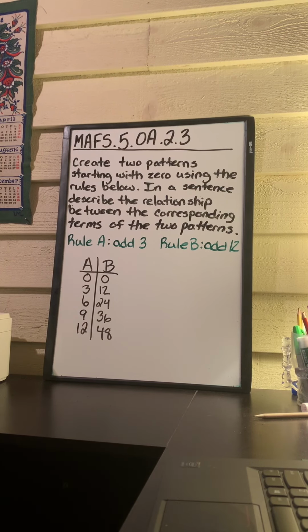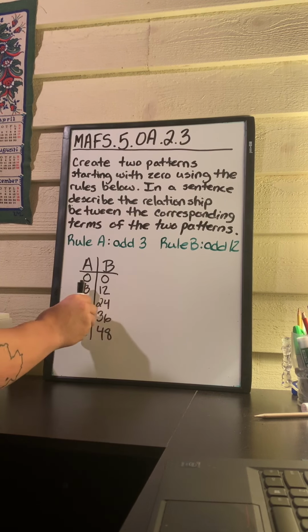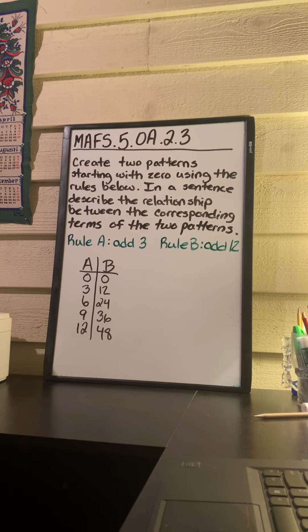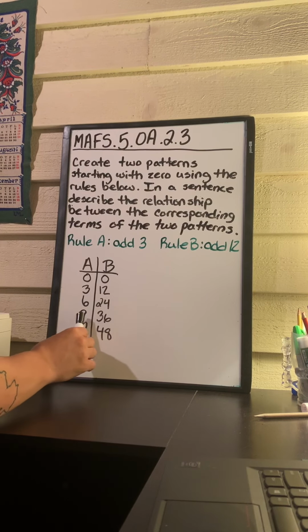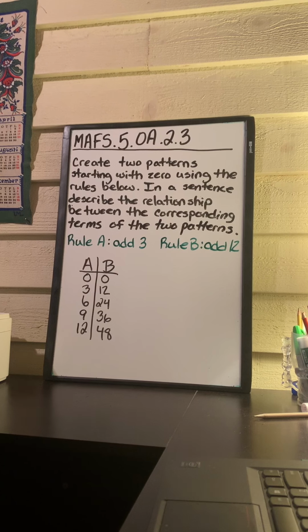So the first thing I notice here is I look at all these A's. How did I get to these B's? And the first thing I notice is that every single one of these has been multiplied by 4.